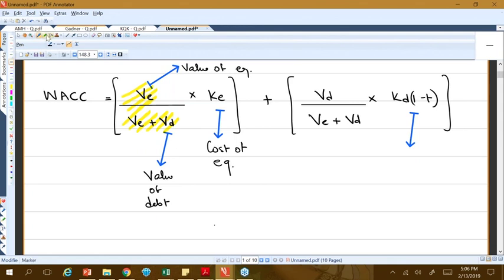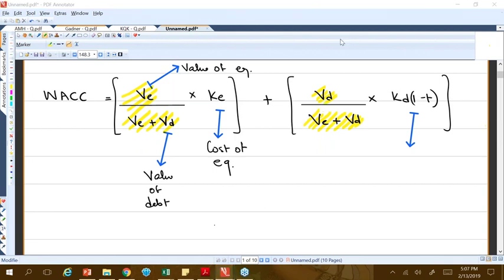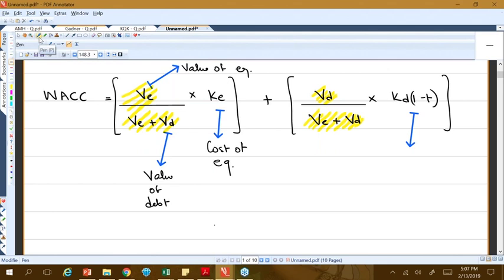Then on this side, if I have the value of debt and I divide it by the value of equity and the debt, so that is VD over V plus VD, this gives me the proportion of debt within my capital structure. Once I have the proportion of debt within my capital structure, we can simply multiply this with the cost of debt, KD(1 minus T).